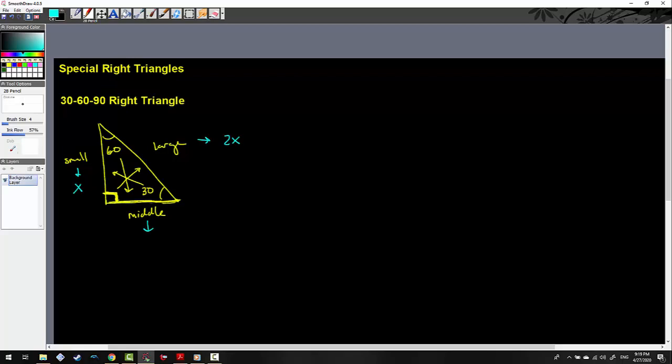And the middle side, well, this is going to get a little weird. It's the small side times the square root of 3. So if I clean up this triangle here, a 30, 60, 90 right triangle's diagram would look like this. 60, 30 here, you would get x, x root 3, or 2x.